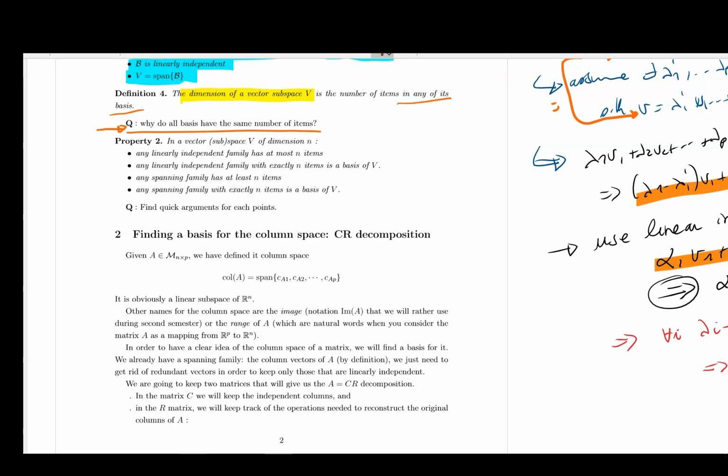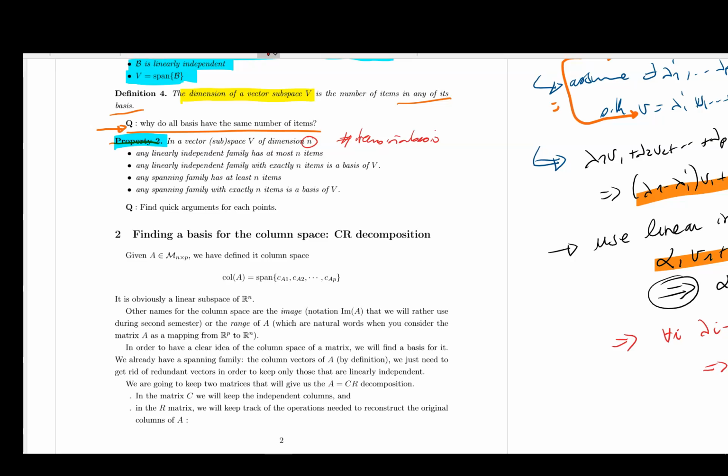Okay, so this being said, in a vector subspace of dimension n, we have the next property. Any linearly independent family has at most n items. The dimension n means that this is the number of items in a basis.